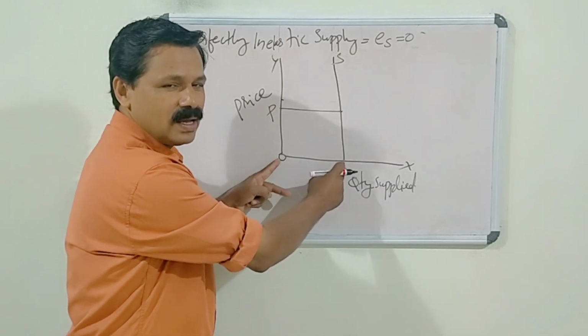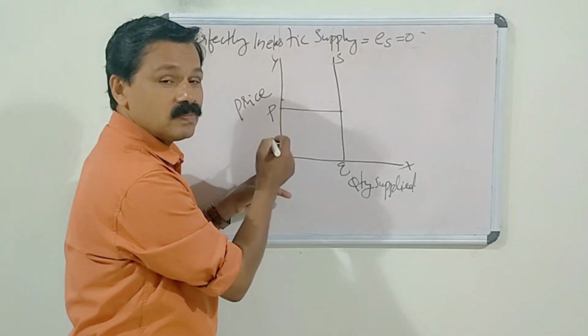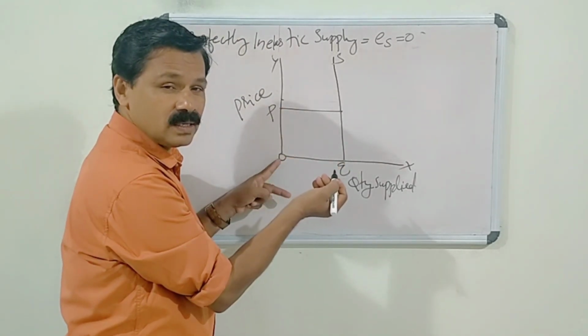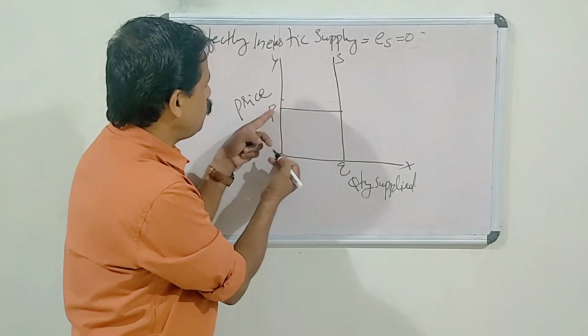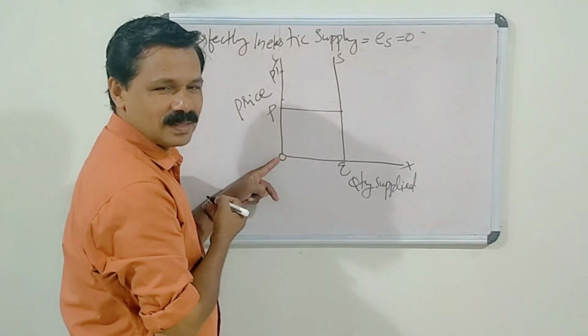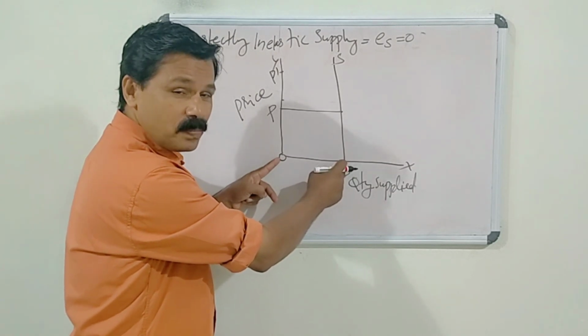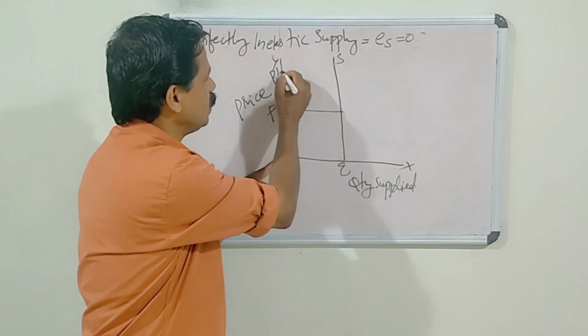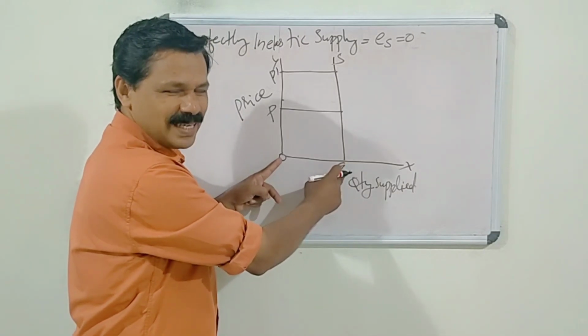And it should be noted that if the price of that commodity is increased from OP to, say, OP1, the quantity offered for sale remains unchanged.